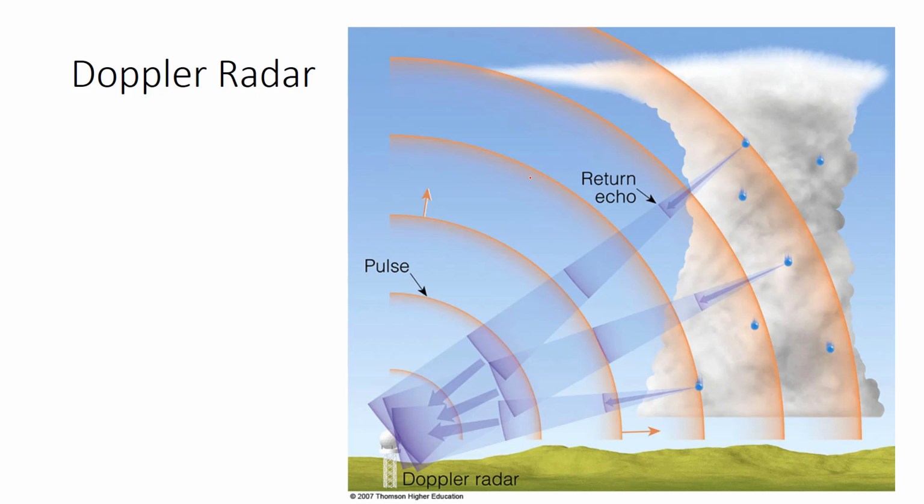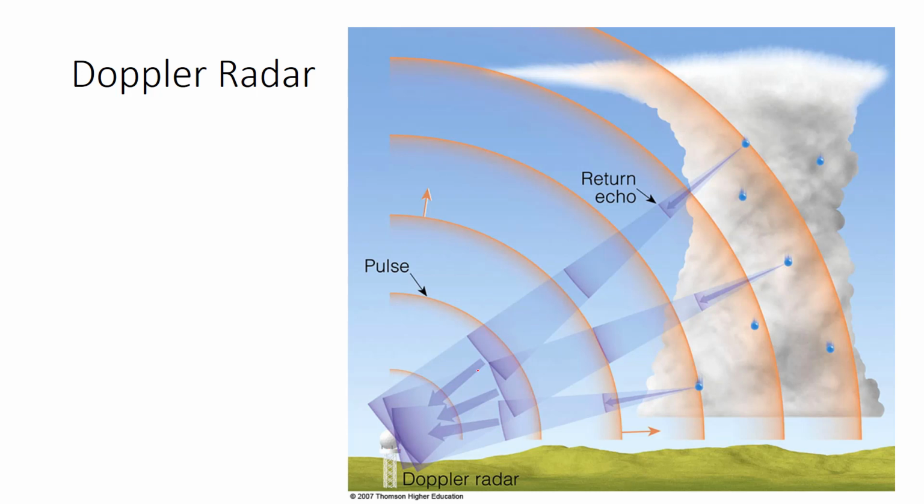So we want to know where rain is located. Well, the good news is that we actually have technology that allows us to do that. There's actually this device at a lot of different weather stations, oftentimes stationed on top of a mountain, and what it does is it sends out a pulse of radio waves.